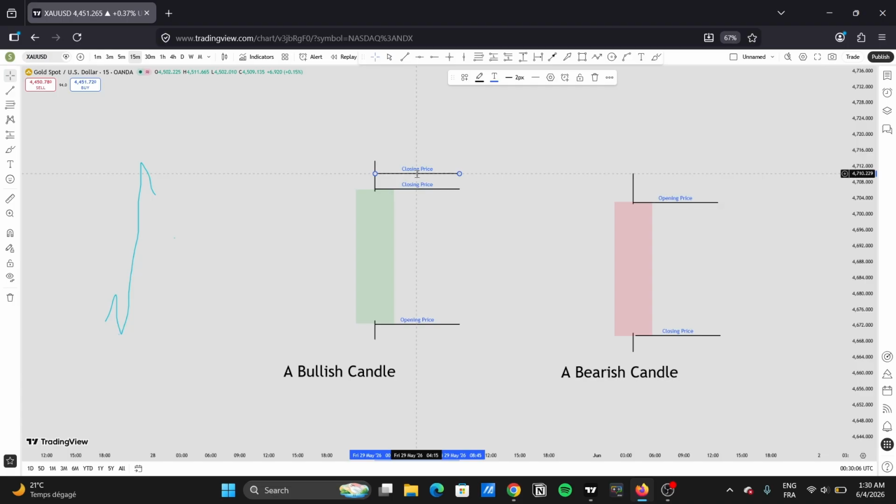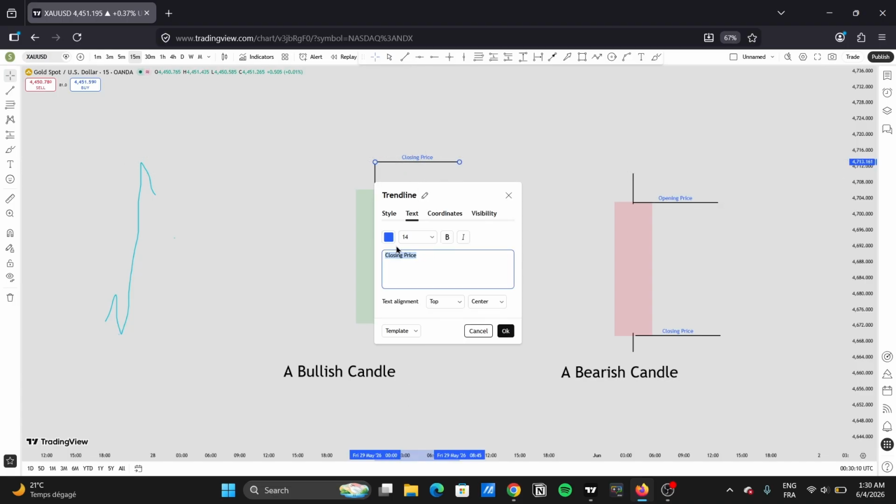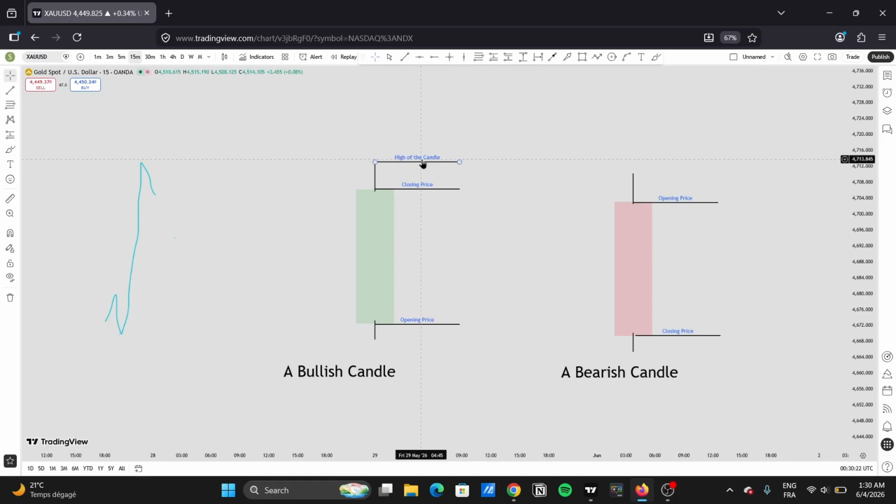this is called the high of the candle. And this is the low of the candle.